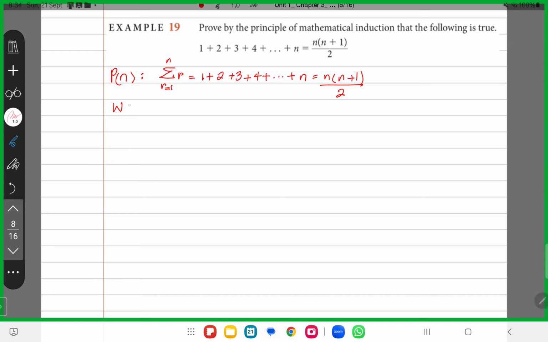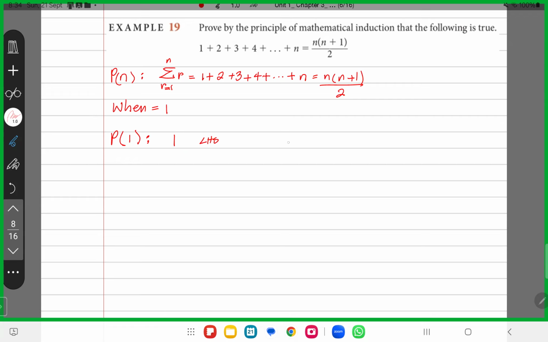All right, now the first thing we need to prove is that the statement is true when n is equal to 1. So when n is equal to 1, P1 is asking us to sum the first counting number. If you're adding the first counting number, which is 1, you're not adding it to anything, so it's just 1. This is the left-hand side.